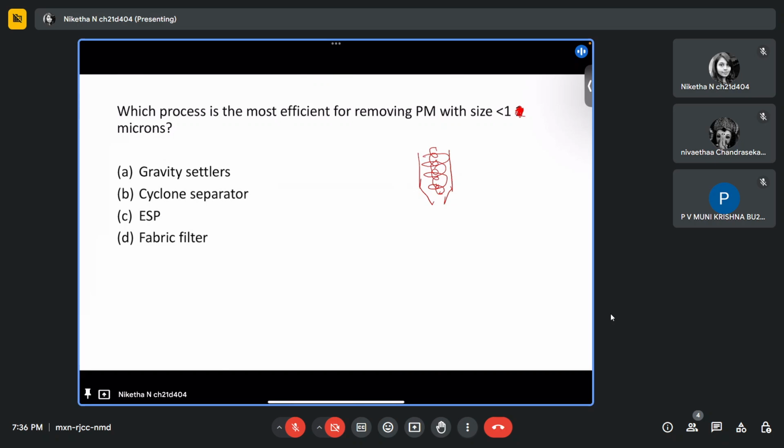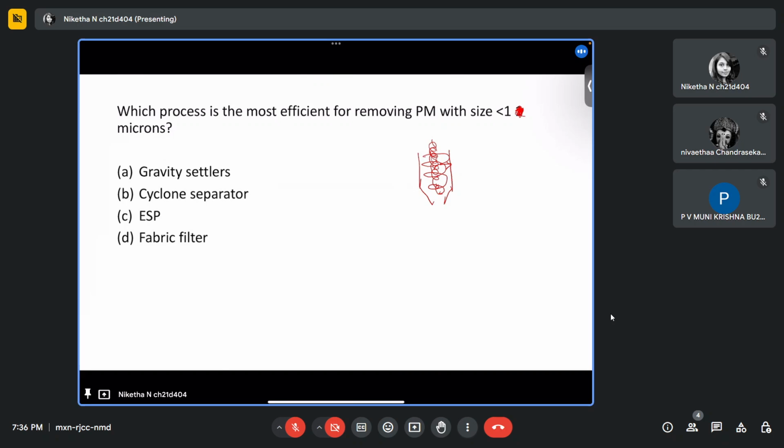The centrifugal force depends on the mass of the particle. If the mass of the particle is high, then only it will go and hit the wall. Otherwise, if the mass of the particle is less, then there are high chances that it will just keep floating here and go up along with the air. So cyclone separator is incorrect.